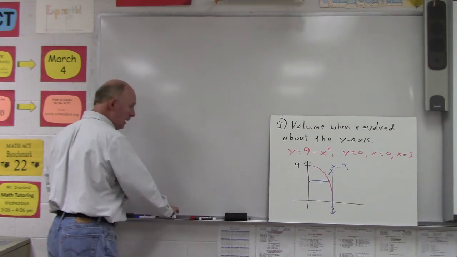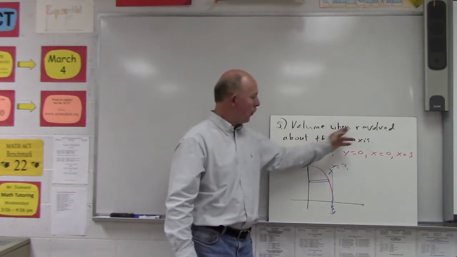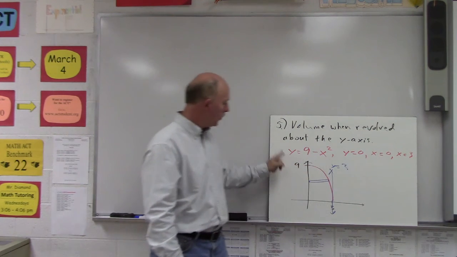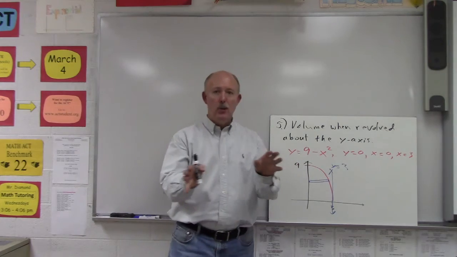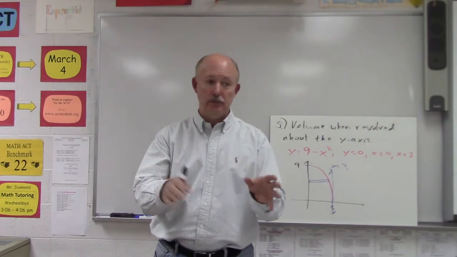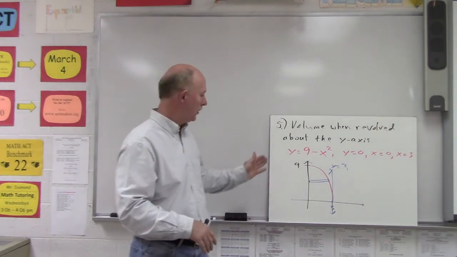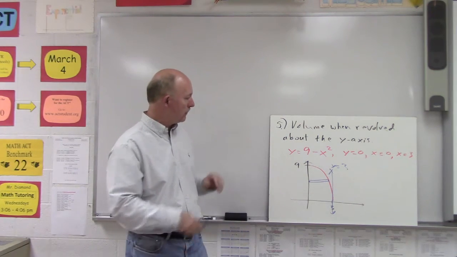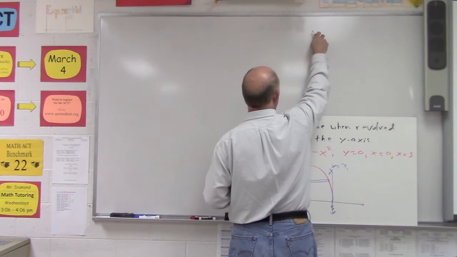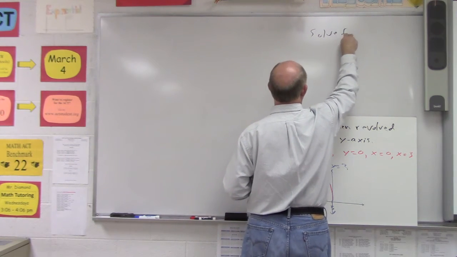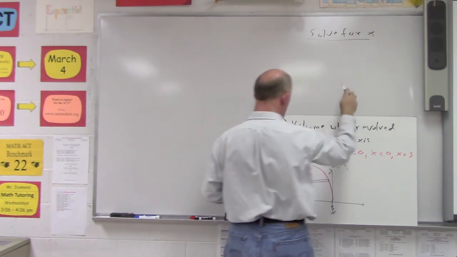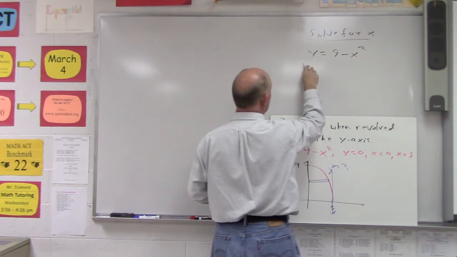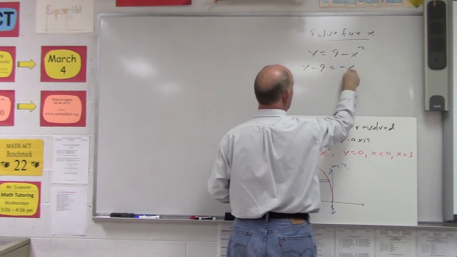Now, the first thing we need to do: our function here, y equals 9 minus x squared, we have to rewrite and solve for x in terms of y. If we were rotating about the x-axis, we'd be ready to use our function, but here we have to solve for x. So y equals 9 minus x squared becomes y minus 9 equals negative x squared.